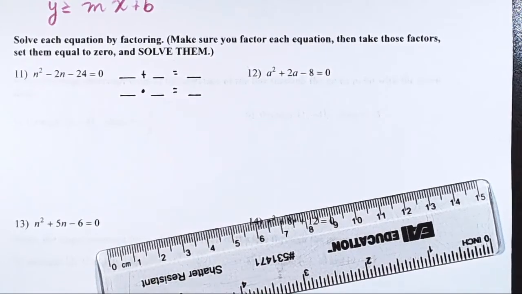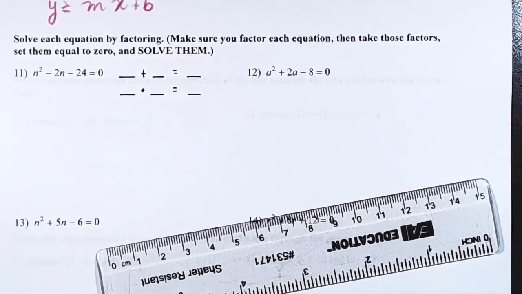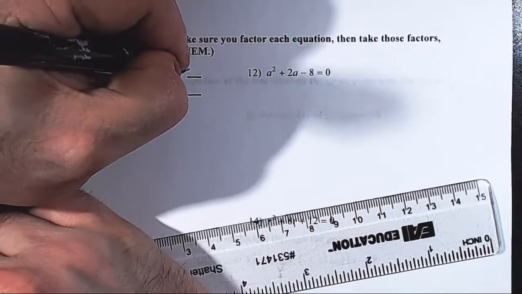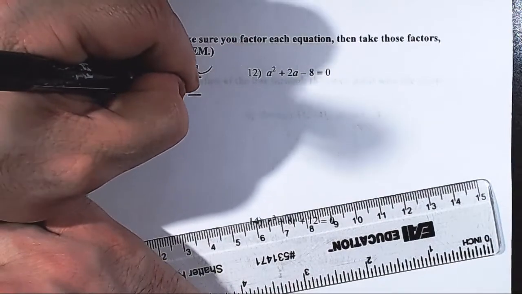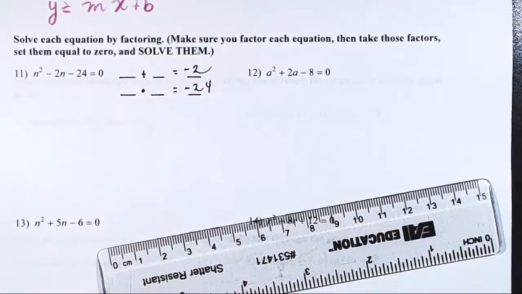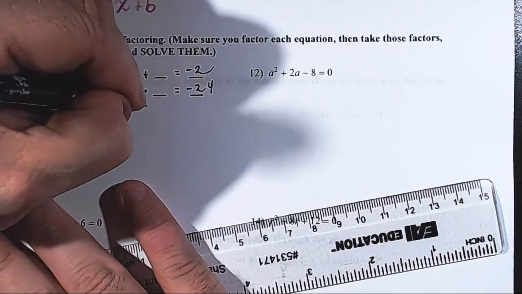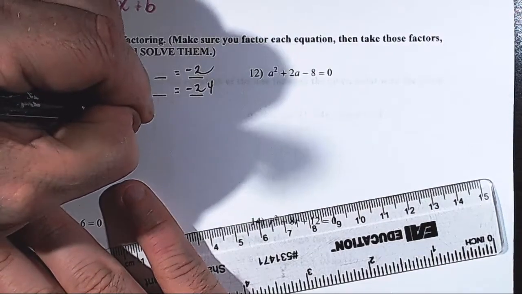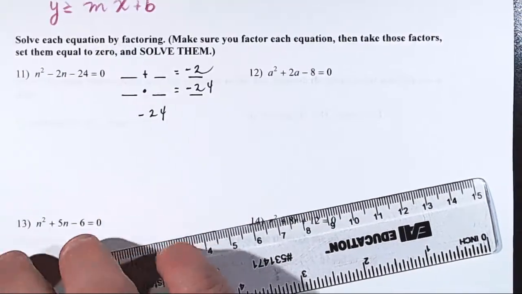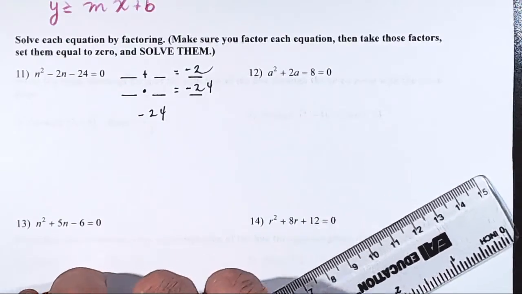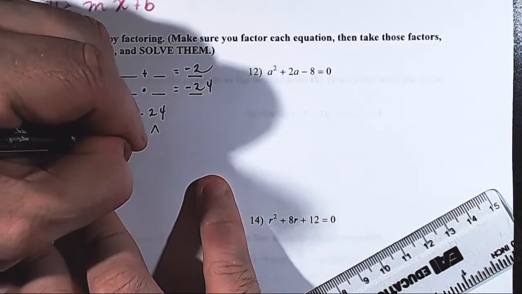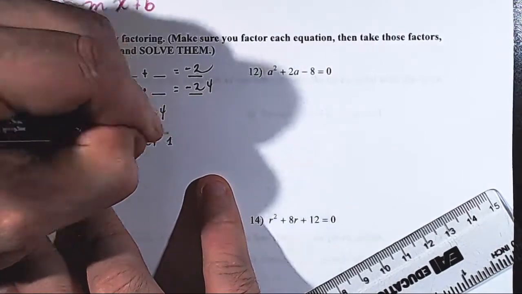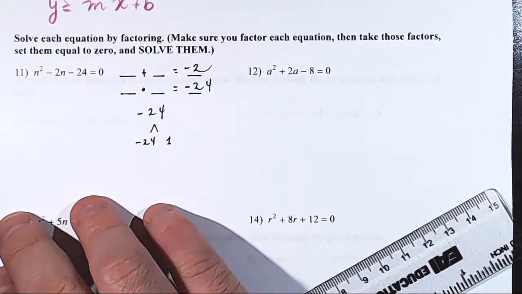So we need two numbers that add to be -2 and multiply to be -24. I can start a little factor tree here, -24, and just think about the numbers that I could use to get that. I could do -24 and +1, but those don't add to -2, so that's not it.